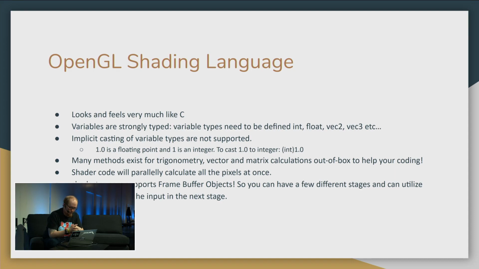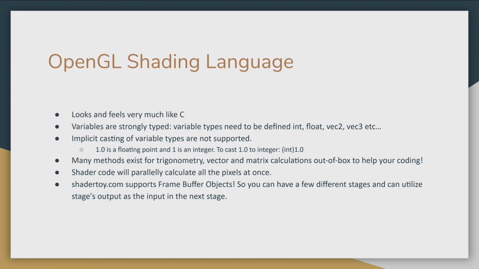And quickly something about the OpenGL shading language. If you have ever programmed with the C programming language, then you will already know how to program shaders, because the look and feel of the OpenGL shading language is pretty much the same as C. You don't have to know C, because the OpenGL shading language doesn't have that many functionalities.